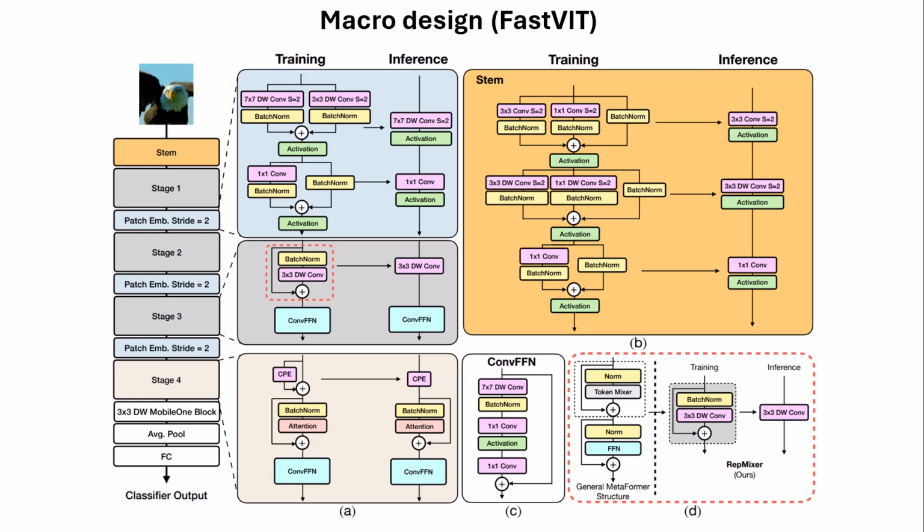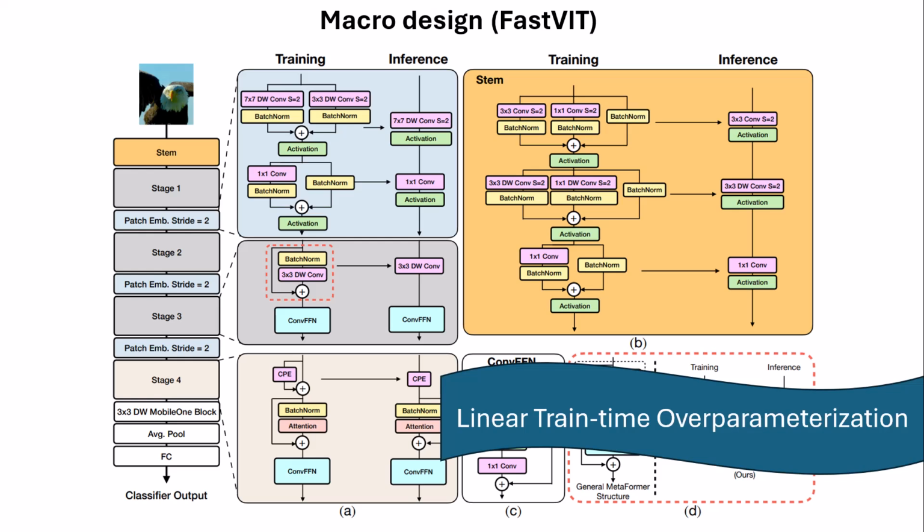Like in this FastViT paper, they use something called linear train-time overparameterization, which you can even see in this figure: during training we have more branches and more parameters compared to inference time, and somehow it helps. But the thing that we should understand from macro design is that we change how we integrate different modules and create a neural network that is more efficient.